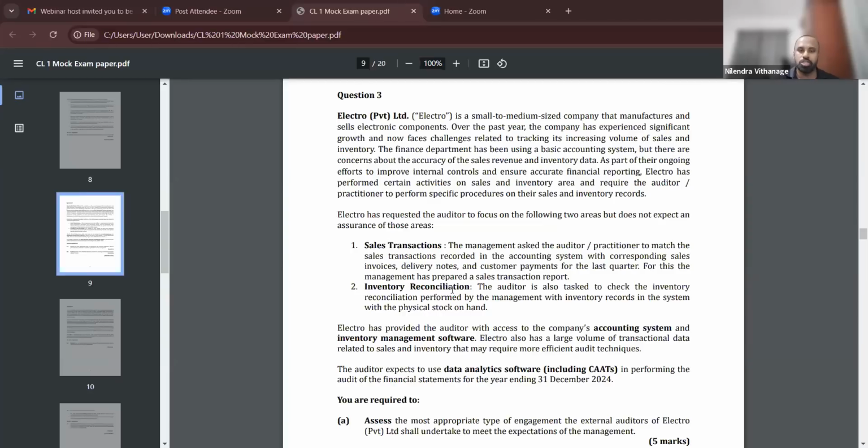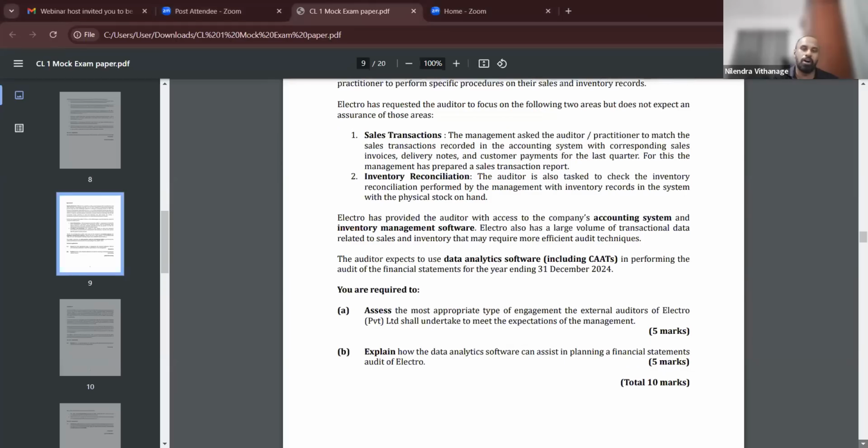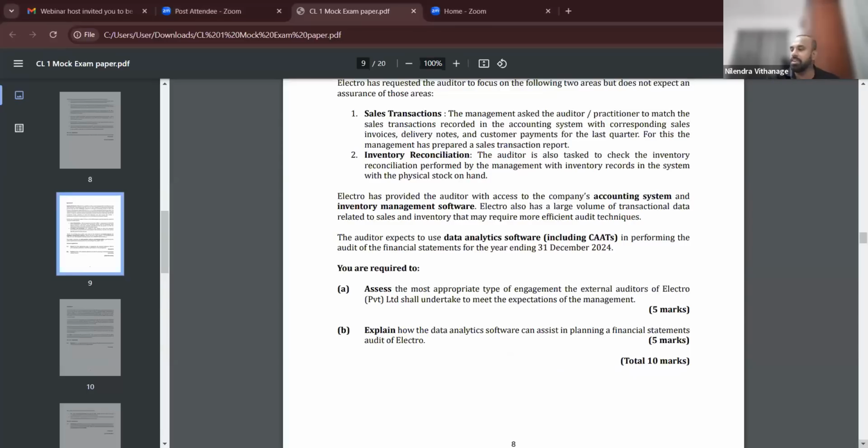The auditor expects to use data analytics software, including computer assisted auditing techniques, CAAT, in performing the audit of the financial statements. So no assurance required. Only procedures to be performed as agreed with the auditor and the management. So you have to perform agreed upon procedures only.